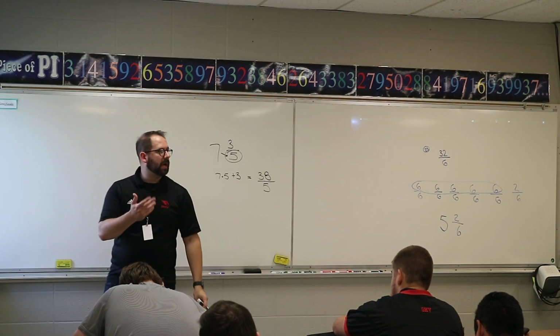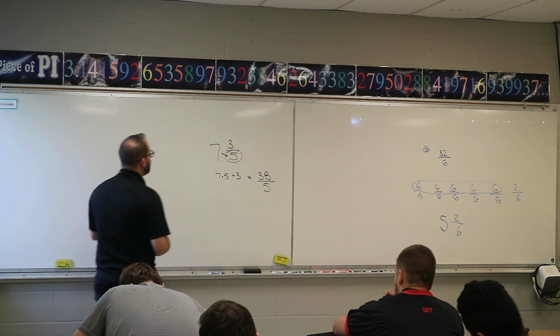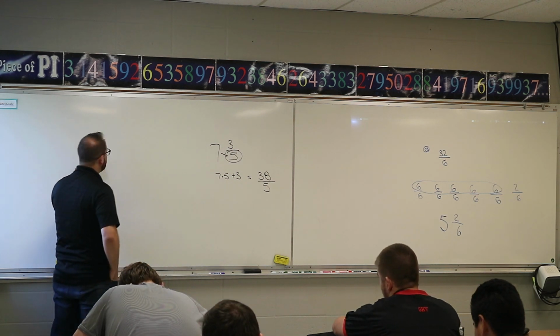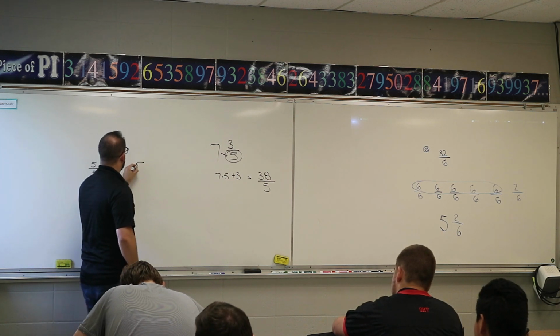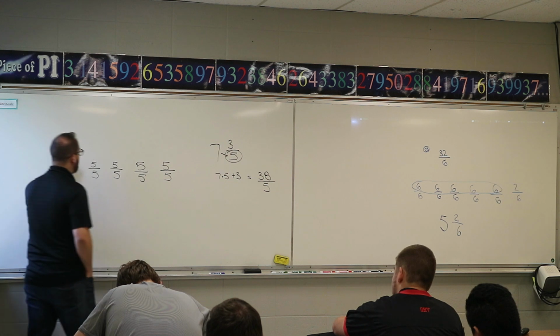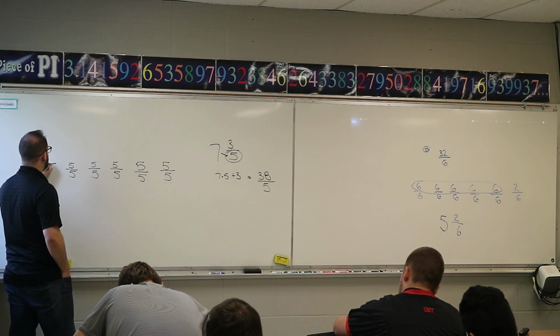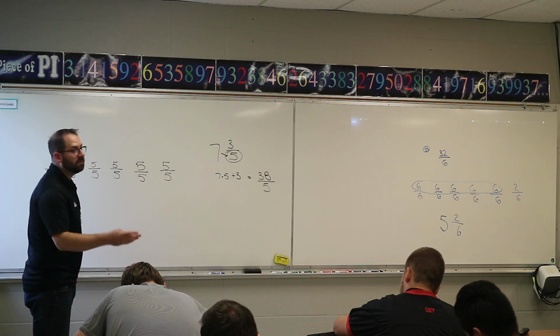So that's the shortcut. Now, if you don't like the shortcut where you take 7 times 5 and add the top, here's what you can do. 7 full pans of 5 brownies. Right? 7 full pans of 5 out of 5. Now, why am I picking 5 out of 5? Because that's what the bottom number is. That's how I know it. So I have 7 full pans.